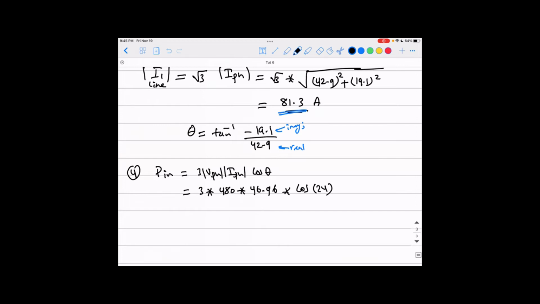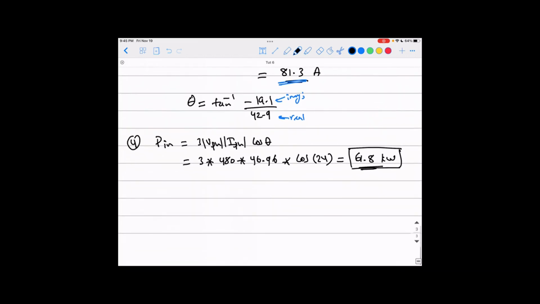It doesn't matter about the angle because for the cosine it doesn't matter whether it's a positive or negative angle, okay? So this gives you the value 61.8 kilowatts. Okay, guys? That is your input power. That is the amount of power that the machine takes from the source as electric power for this loading condition. Okay?